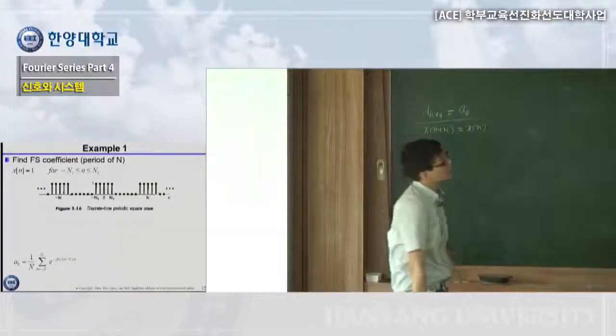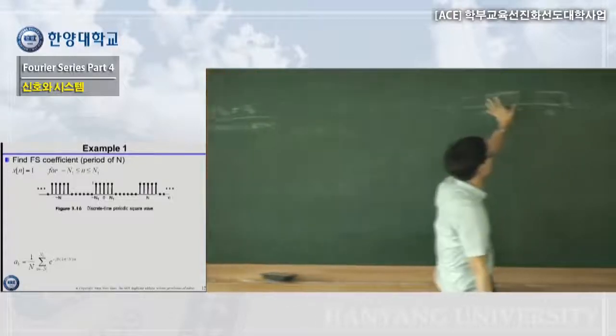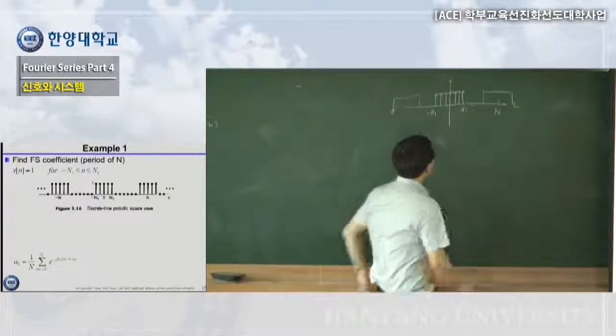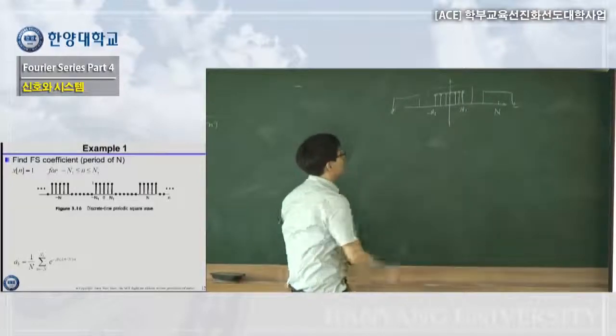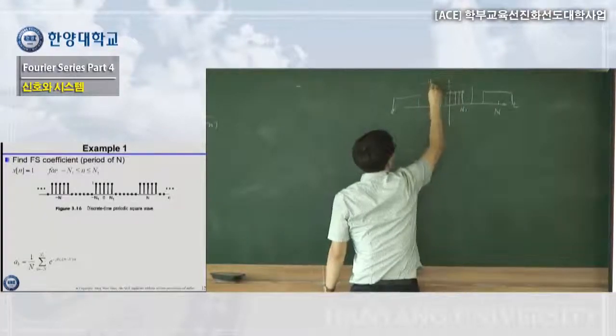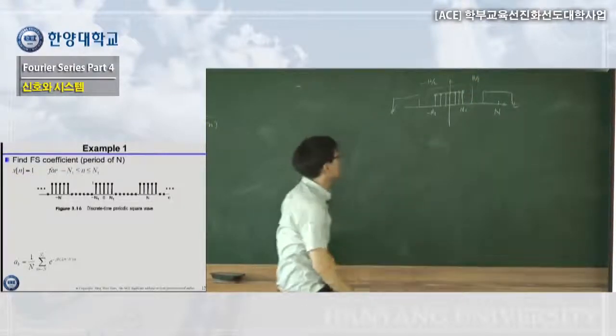First of all, the simplest way you can do it, okay, we can consider them as a time-shifted version of this whole set. What's the Fourier series coefficient of this set from minus N divided by 2 to N divided by 2?